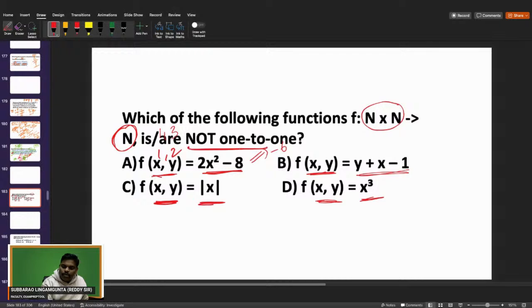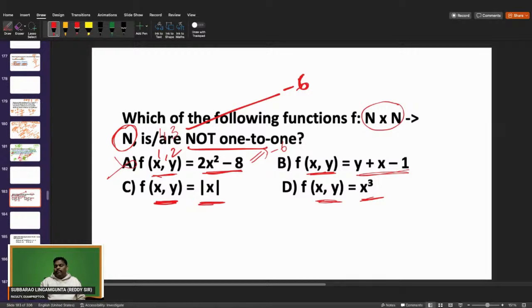Then how is it 1 to 1? It is not 1 to 1, because the given expression is not based on y. x is not changing, y is changing, but the answer is not based on y. So A is not 1 to 1.